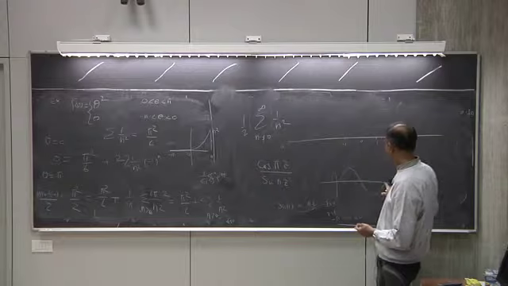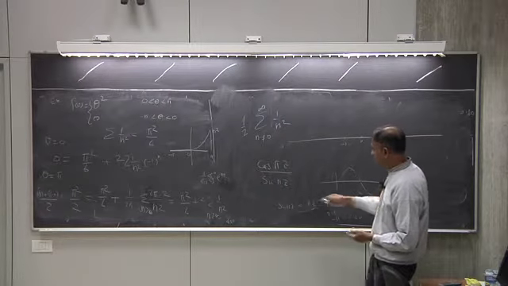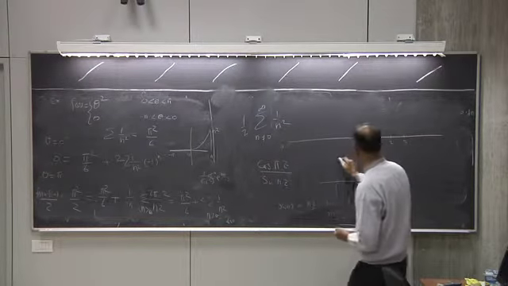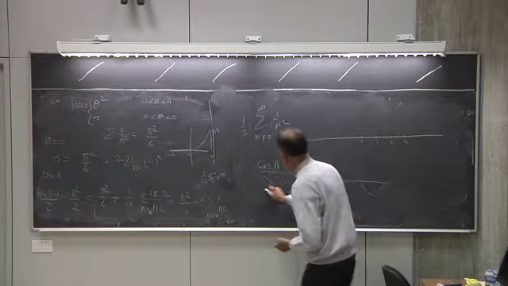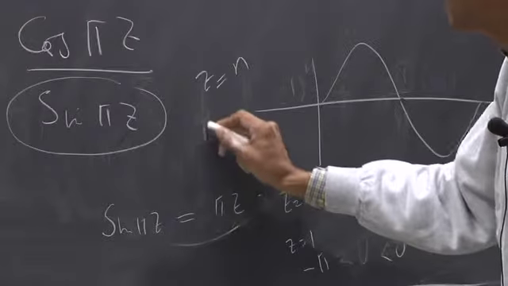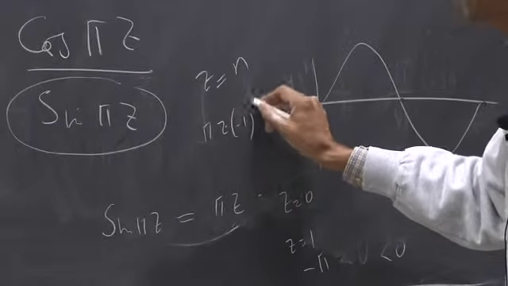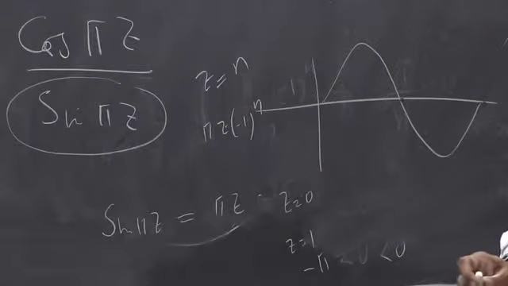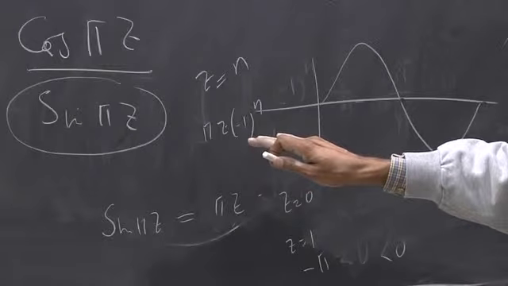At the next integer you'll again get a plus sign. So this will give you minus 1 to the n. So near z equal to n, this behaves like pi z times minus 1 to the n. That's the leading term.